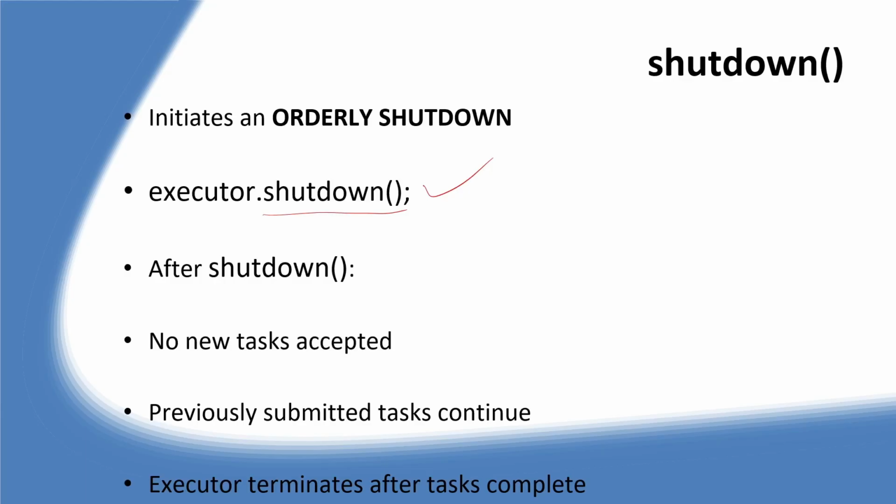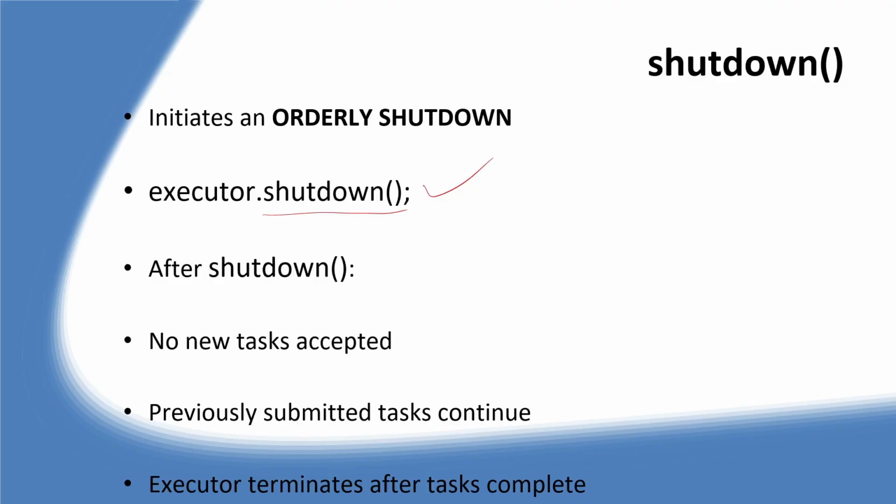After shutdown is called, the executor service stops accepting new tasks, and tasks that were already submitted are allowed to complete. So when we call this method, whatever tasks are already being processed by the worker threads will be finished, but the executor will not accept new tasks.